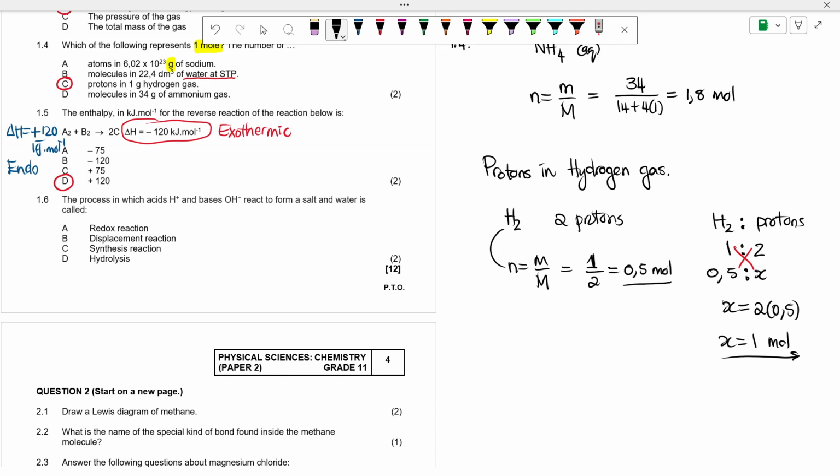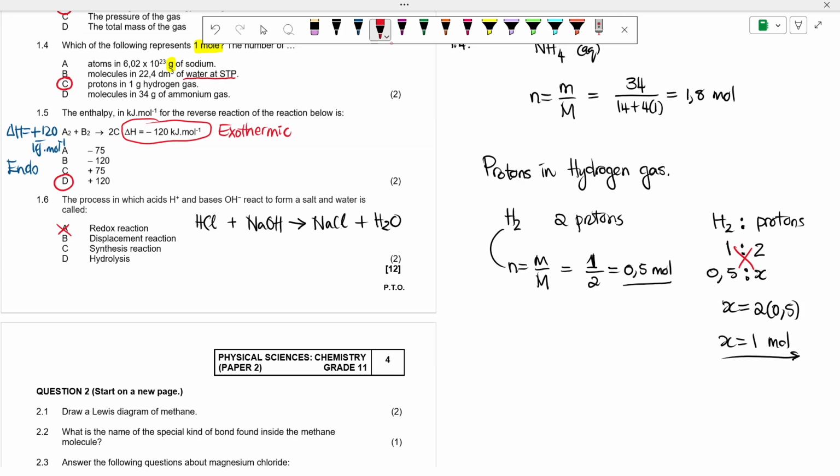So if I have an acid, let's say maybe I have HCl and I have a base NaOH, that is what the question is saying. So what I'm gonna have is NaCl plus water. And this reaction, you can check the oxidation numbers if you did redox reaction, and you'll see that the oxidation numbers do not change, so that disqualifies redox.